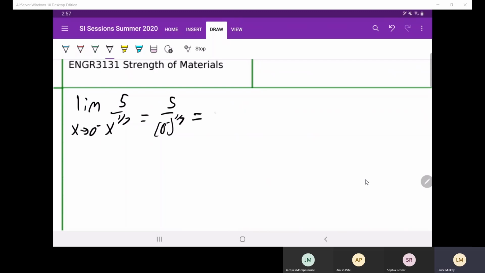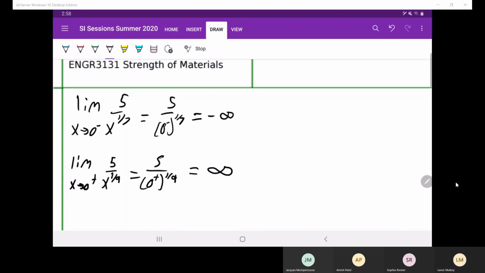So it's going to equal negative infinity. Now say we do the limit as x approaches 0 from the right, 5 over x to the 1/9. 5 over 0 plus to the 1/9. I keep writing 1/2. It's going to equal infinity because you have a positive on the bottom, and it's so small, any number divided by a number that's small is going to equal infinity.